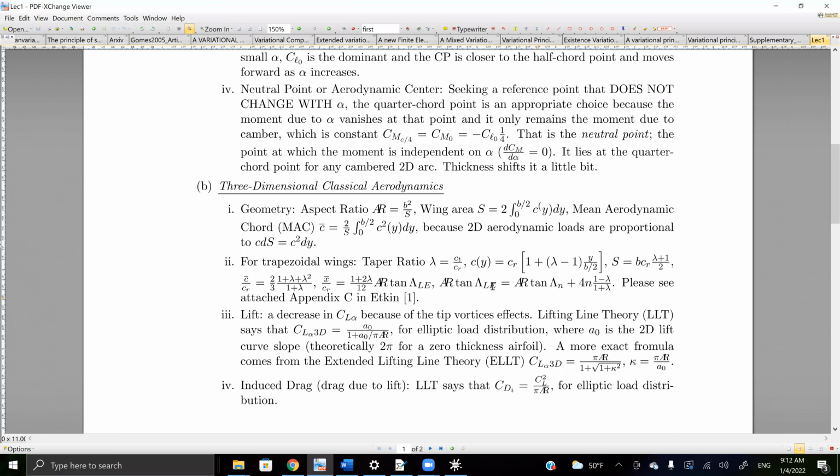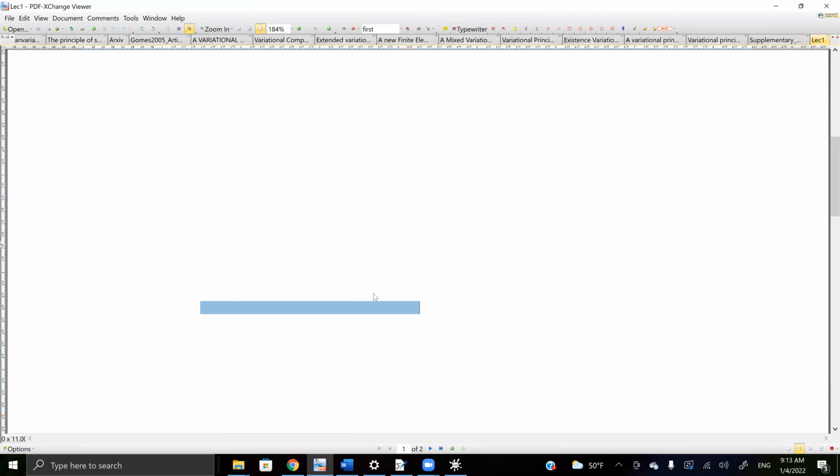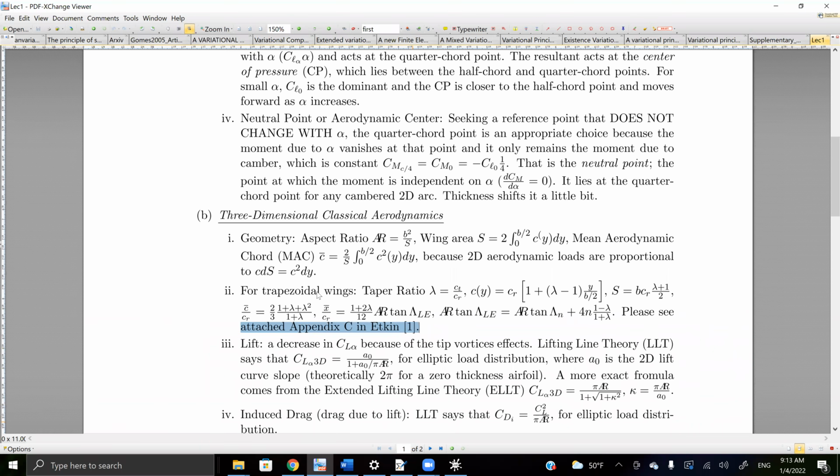I think this is lambda. Anyway, lambda leading edge is aspect ratio 10, lambda at any station n plus 4n, 1 minus lambda or 1 plus lambda. And I'm going to attach an appendix from Etkin that has all this geometry. It's a little bit boring geometry, like I said. So I still have like 7 minutes. Let me jump to the physics here.